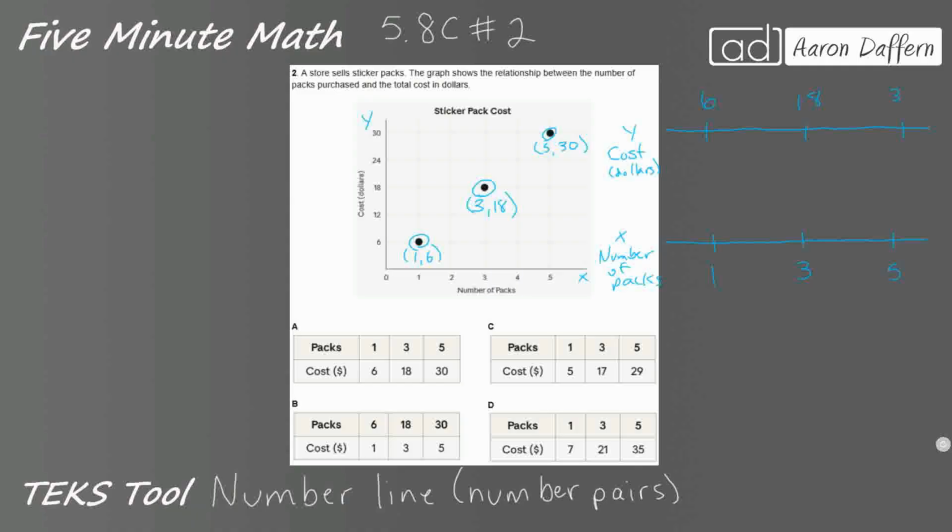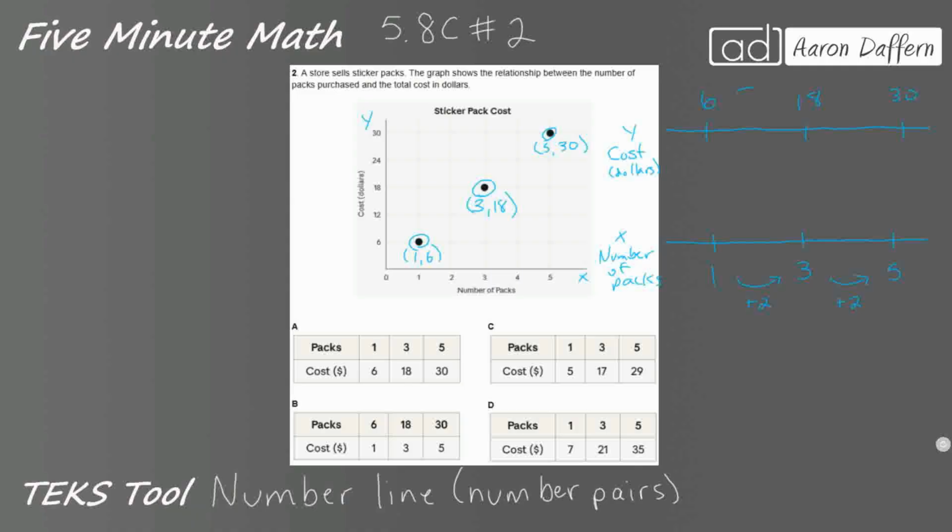Now, this is extremely helpful because the question might be how much or what is the cost per pack, right? They might want you to figure out what the rate is. Well, what we could do is we can look at the change in X and compare that to our change in Y. So you notice we're going up 2. We got 1 pack, 3 packs, 5 packs.